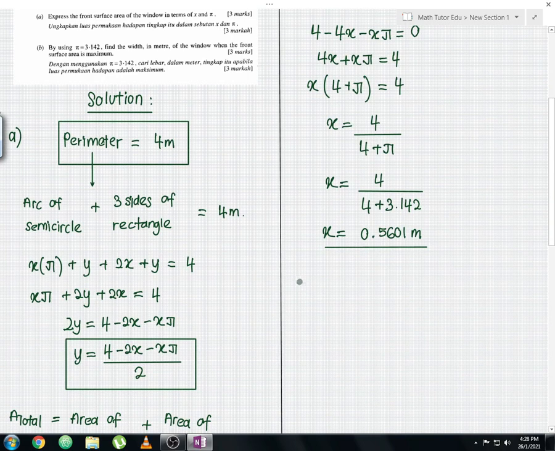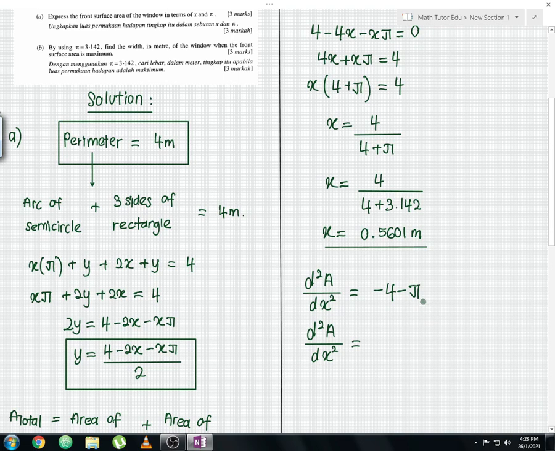So from here we do a second derivative, d squared A over dx squared. Let me underline the fraction. You differentiate a second time, you should get negative 4 minus pi.